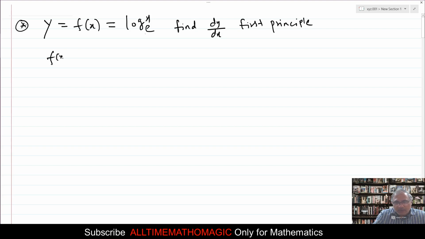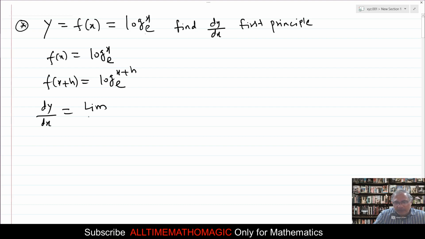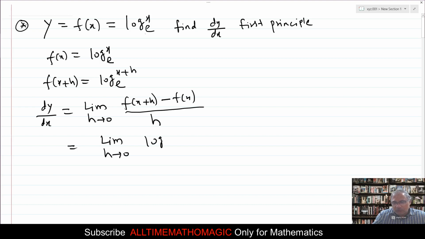Step number 1: f of x equals log x to the base e, f of x plus h equals log x plus h to the base e. dy by dx equals limit h tending to 0, f of x plus h minus f of x upon h, equals limit h tending to 0, log x plus h to the base e minus log x to the base e upon h.